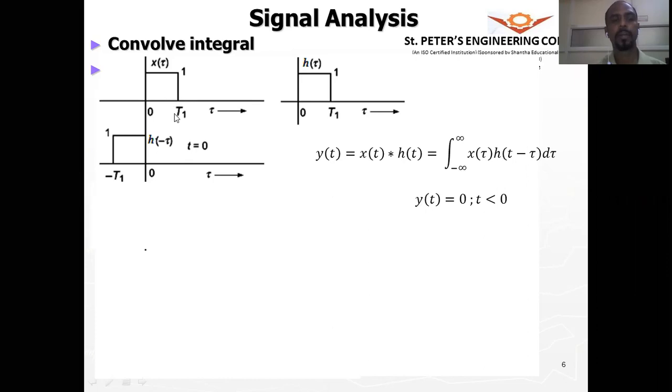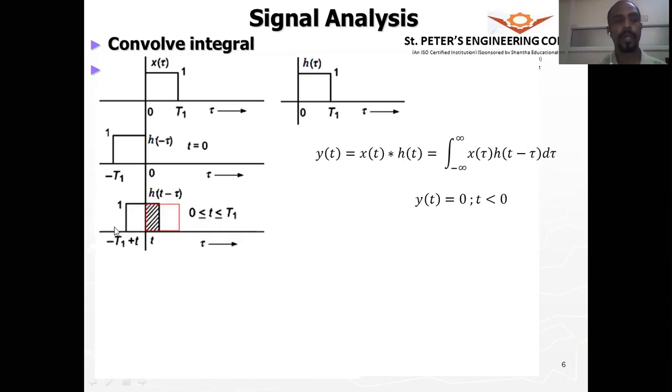So we are going to take the first range, and in this range, we have partial overlap. So this red line I have shown is the x of tau signal, and I am moving the h of t minus tau. So this is the 0 point, and it has moved t points, which is greater than 0 and less than t1. If I move it some more, it can come here also.